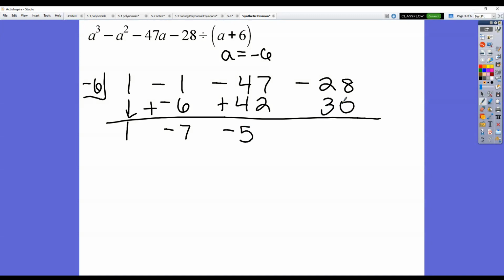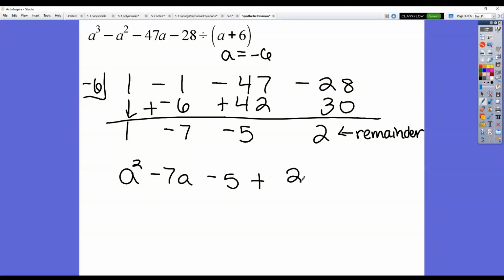Okay, here we have a remainder. When you have a remainder, you just put it over what you divide by. So this is a squared minus 7a minus 5 plus 2 over a plus 6.